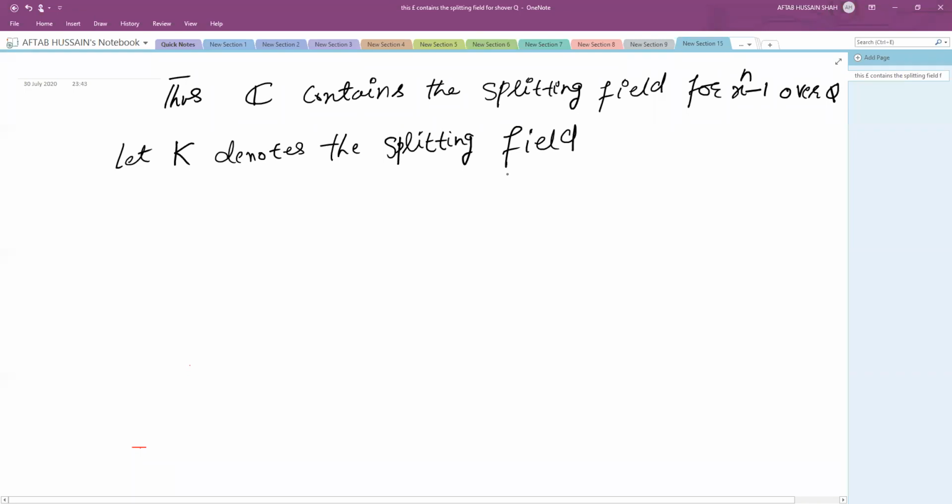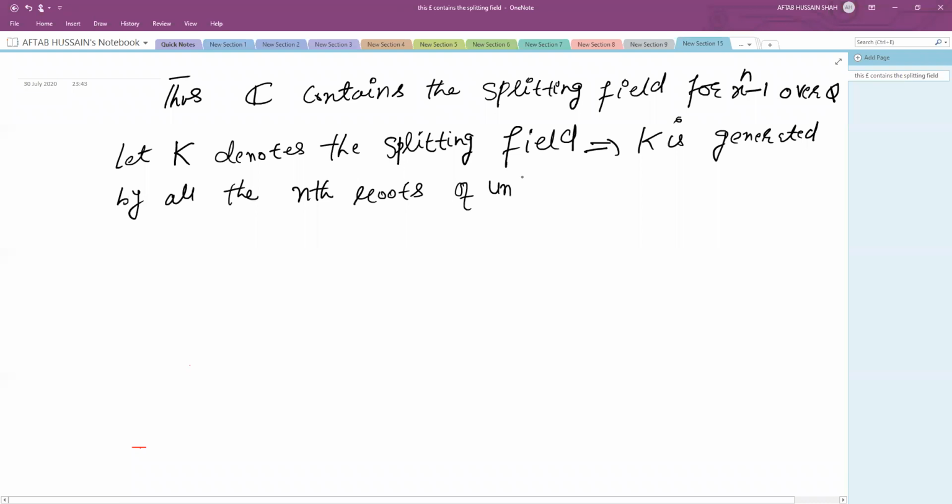K is generated by all these nth roots of unity over Q.